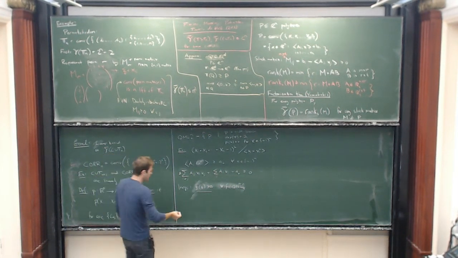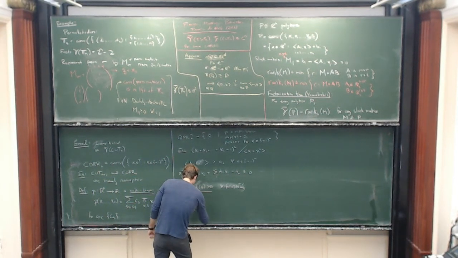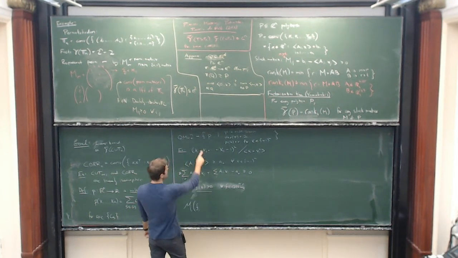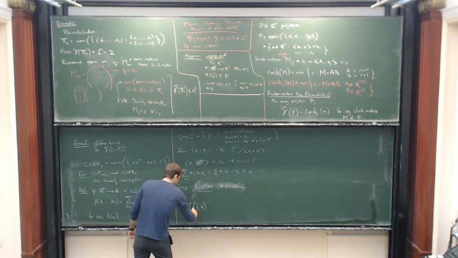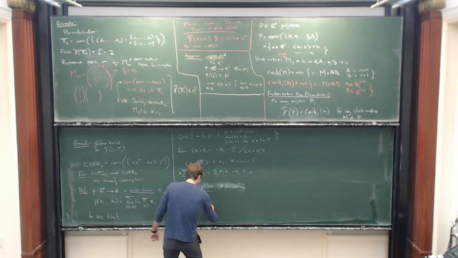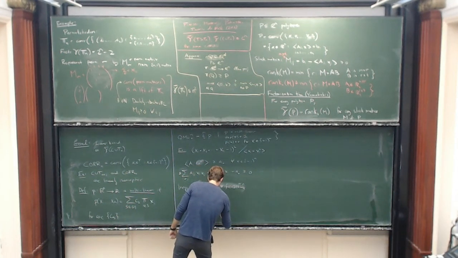So the point is now we can just write down the slack matrix of the correlation polytope in the following way. It's indexed by functions that are quadratic multilinear non-negative and vertices. Let's put the index n here. And then it's just f of x.